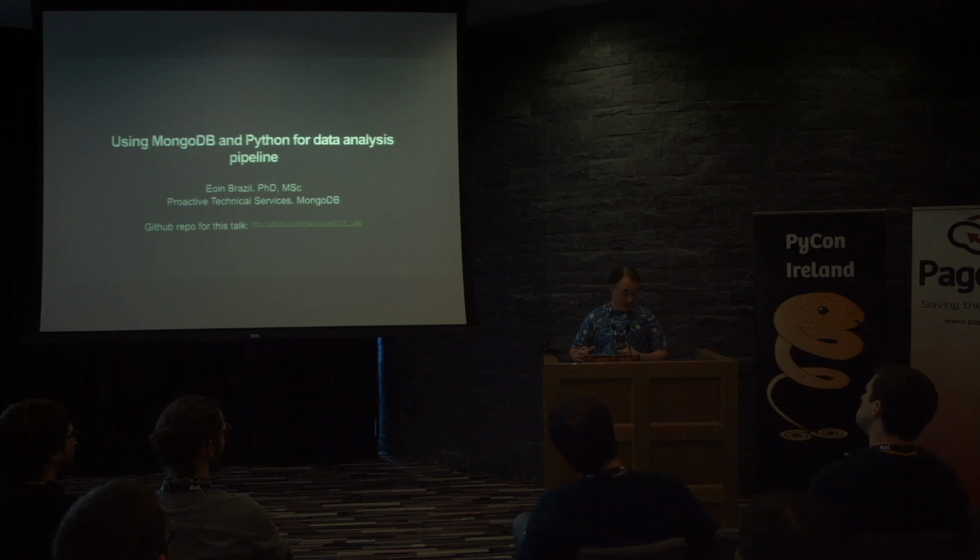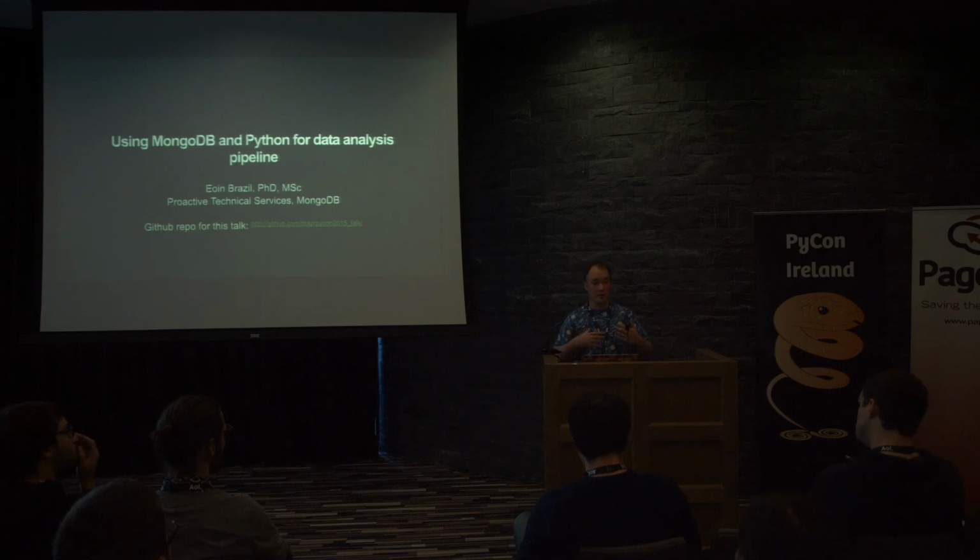And for those of you who don't know, I work for MongoDB. It's a document database. It's high performance. It's scalable, and it supports a whole range of use cases from e-commerce catalogs to real-time analytics to dashboards.